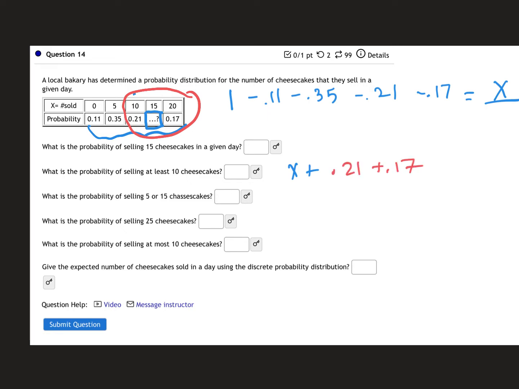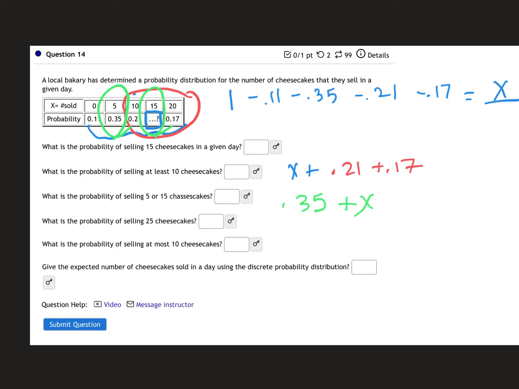What's the probability of selling 5 or 15? Well, 5 is this, 15 is whatever this x is, so it's 0.35 plus whatever that x is. Notice if you get that x wrong, you're going to get all of these wrong, so go ahead and do this one first and hit enter, make sure you get a green check on it.